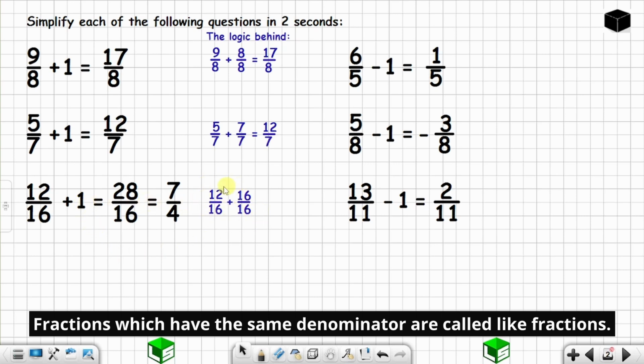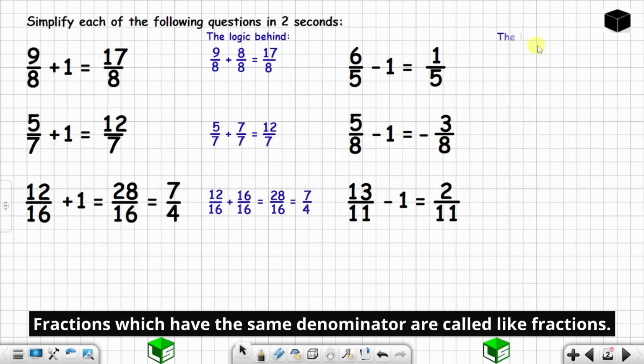Now you have like fractions, with the same denominator, so you add your numerators. 12 plus 16 is 28 over 16. You simplify and you have 7 over 4.